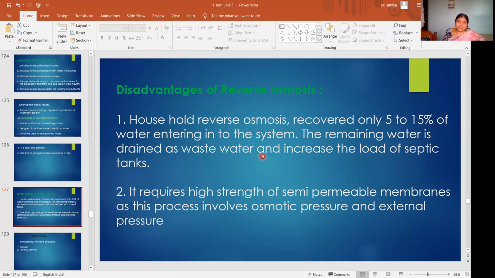Due to this, the load on the septic tank increases. The second disadvantage is that it requires high strength semi-permeable membranes, because osmotic pressure and external pressure are both involved.